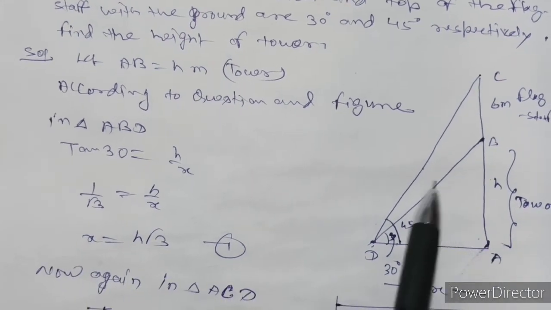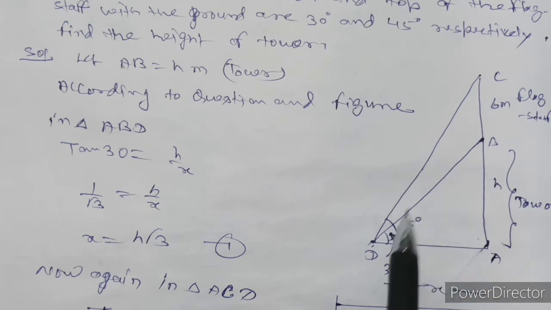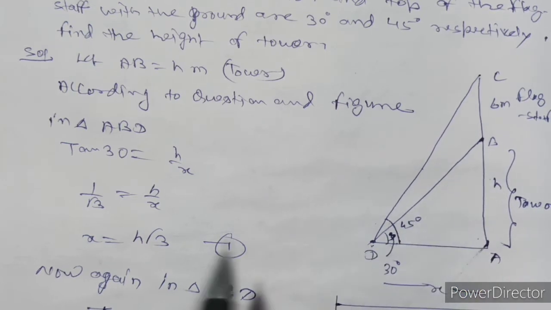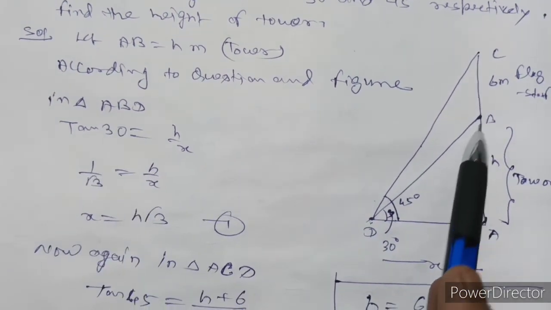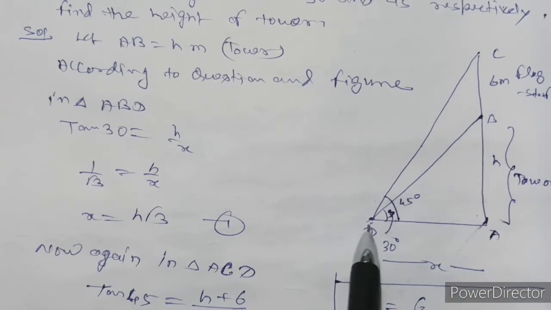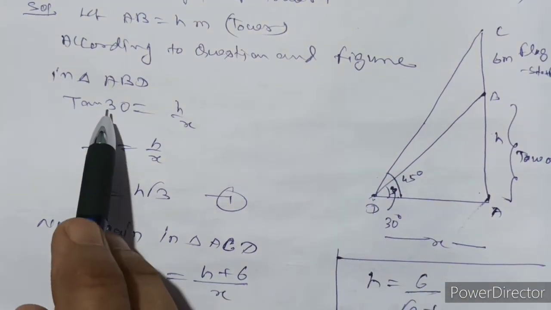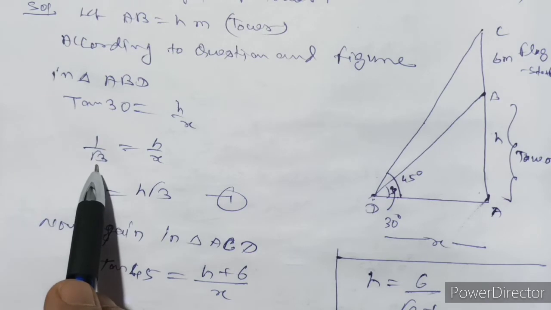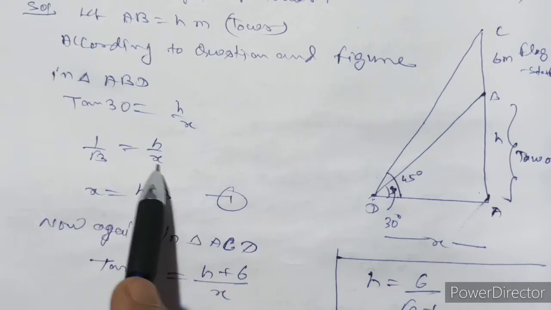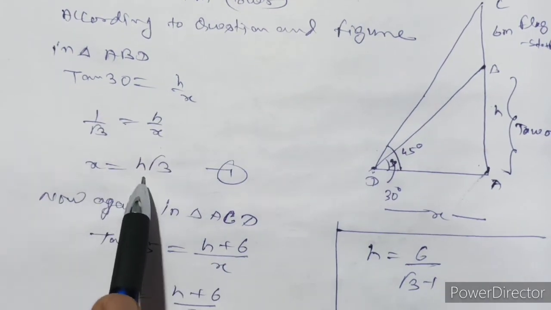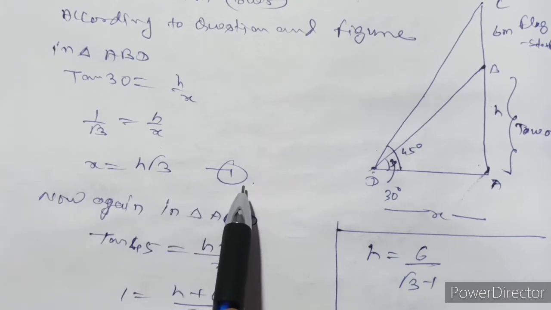Now using the figure and according to the question, in triangle ABD, tan 30 is equal to h upon x. Putting the value of tan 30 as 1 upon root 3, it equals h upon x, and cross multiplying, x equals h root 3, equation number first.